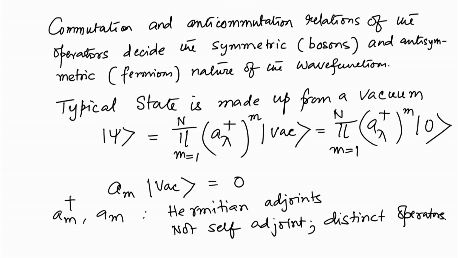So, now with this background, let us go back and at least initially define the states for both fermions and bosons and how they look. The method of second quantization is what we are going to discuss.